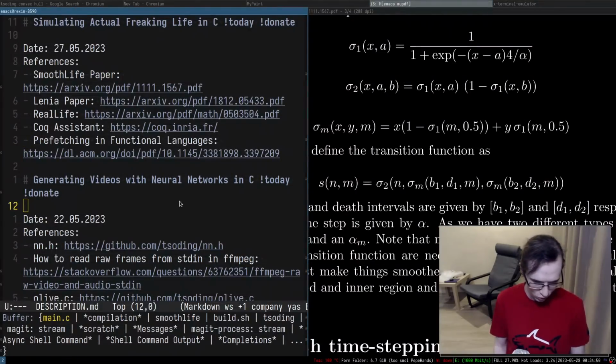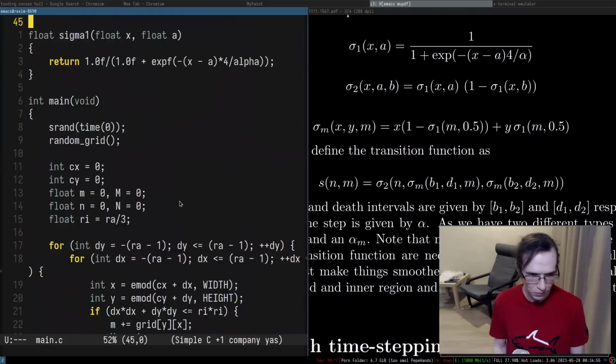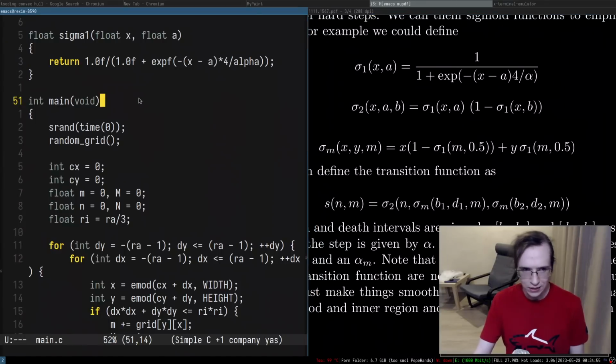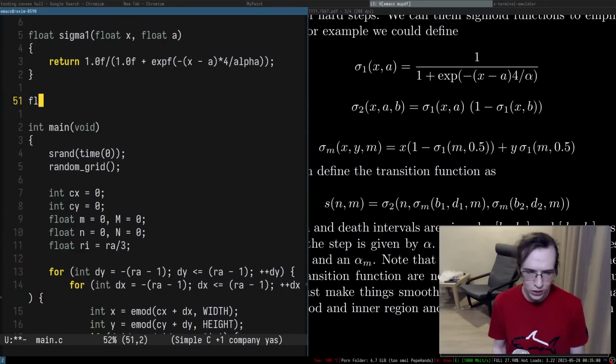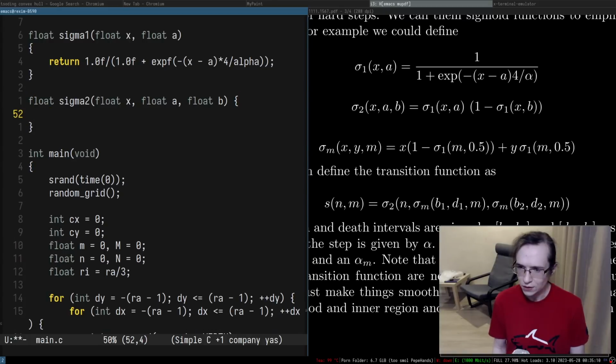Anyways, let's continue, and we were implementing Sigma balls. Right, and we've got this entire thing. So let's go with Sigma 2: float x, float a, float b. Right. And what are we doing here?